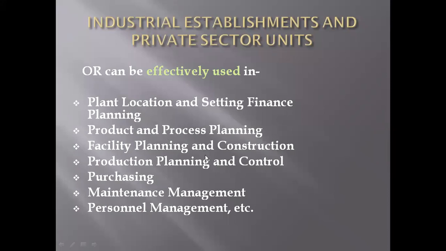And the facility planning and construction, and production planning and control: in how many ways the production planning can be done, and without interrupting that particular planning, we have to execute it, and to execute it, the minimal constraints that exist need to be decreased by controlling.